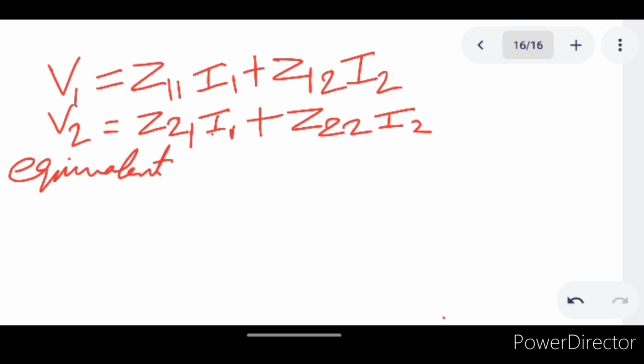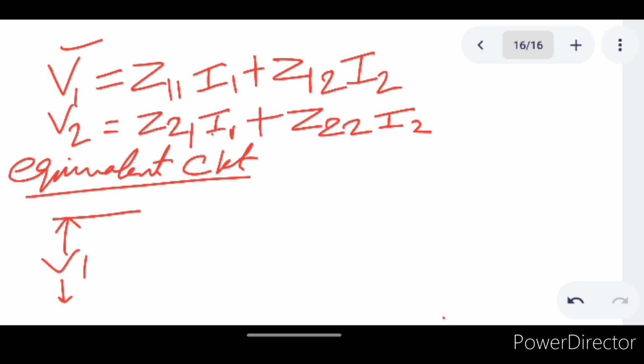Equivalent circuit. Now here the LHS is nothing but a unit of voltage. Therefore the LHS must be equal to the RHS. Now this is your V1 voltage, this is your I1, and this is your Z11, which is nothing but Z11 I1, a voltage.